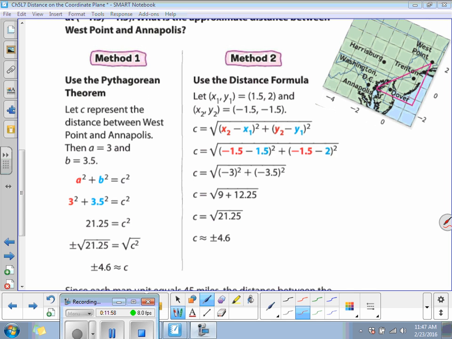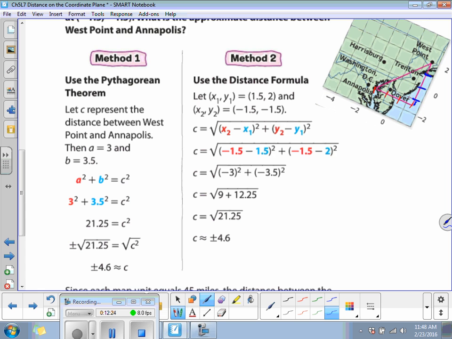Okay? So here we've got A. We've got from here to here. That's 1, 2, 3. So Annapolis to this point, the x values is 3. And then from here up to West Point, that's 1, 2, 3 and a half.